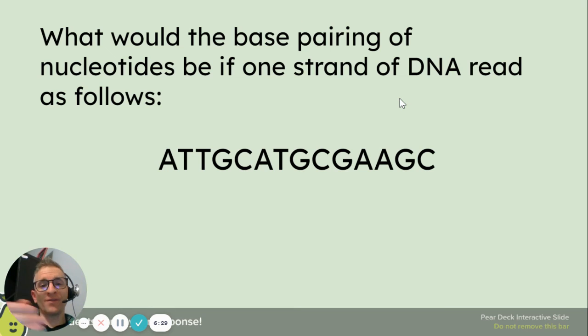And if this was one strand of DNA, one side of the double helix ladder, what would the complementary strand read? So, ATTGCA and so on. What would the complementary strand of DNA read?